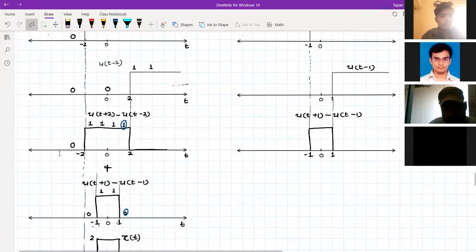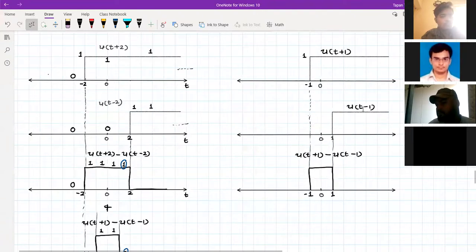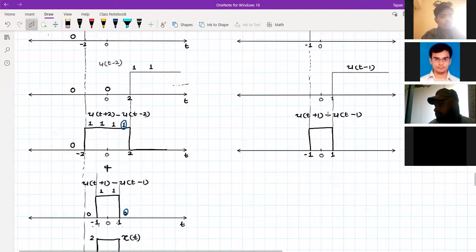So you get a rectangular signal. It starts from minus 2 and ends on 2. Similarly, you can have u of t plus 1, and then you draw u of t minus 1. You subtract them, you get a rectangular signal which starts at minus 1 and ends at 1.